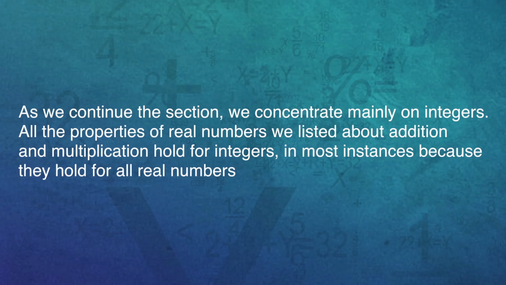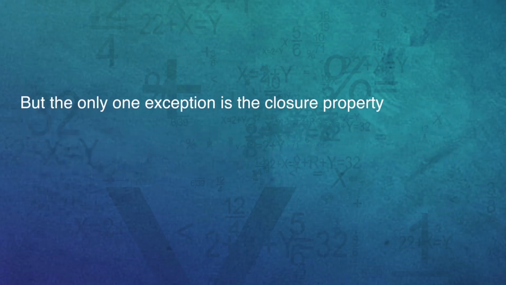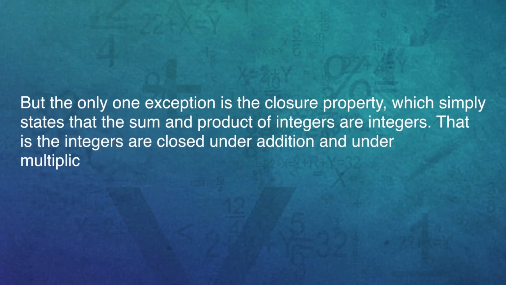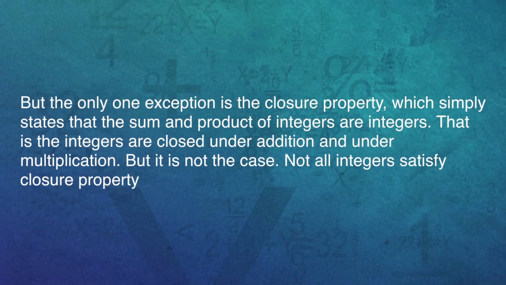All the properties of real numbers we listed about addition and multiplication hold good for integers in most instances, because they hold for all real numbers. But the only exception is the closure property, which simply states that the sum and the product of integers are integers. That is, the integers are closed under addition and under multiplication. But it is not the case for all subsets.